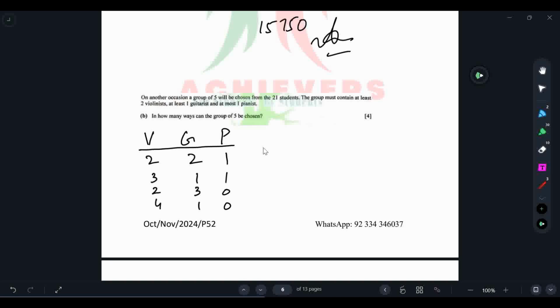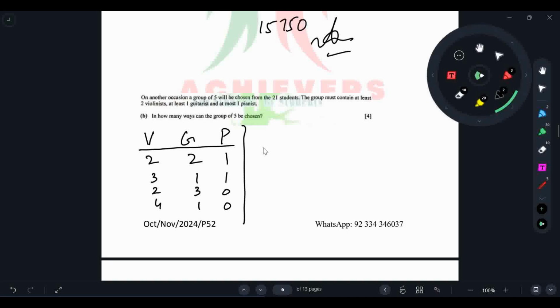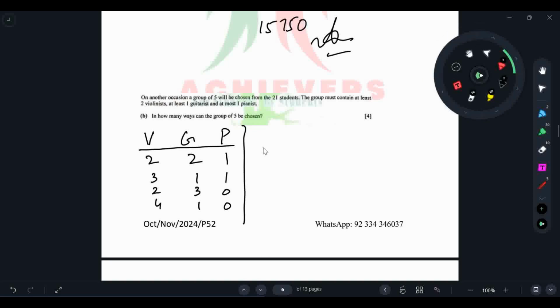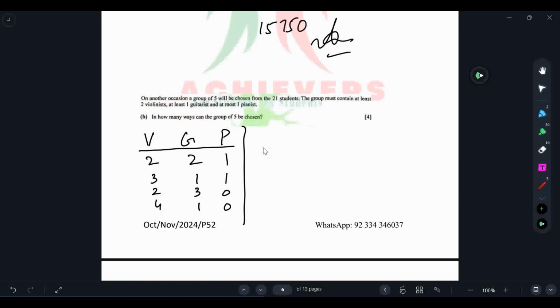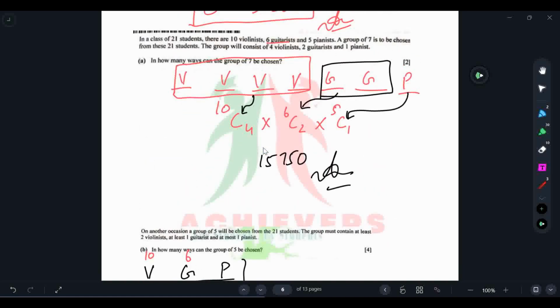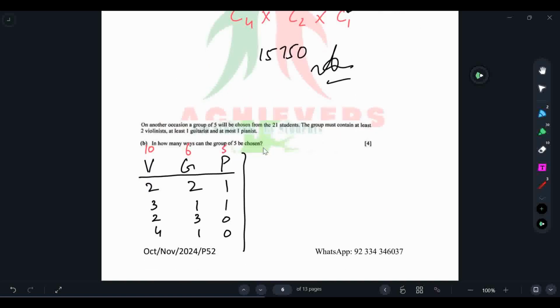There is no other possibility to choose any group. We must know that we have a total of 10 violinists, 6 guitarists, and the pianists will be 5.